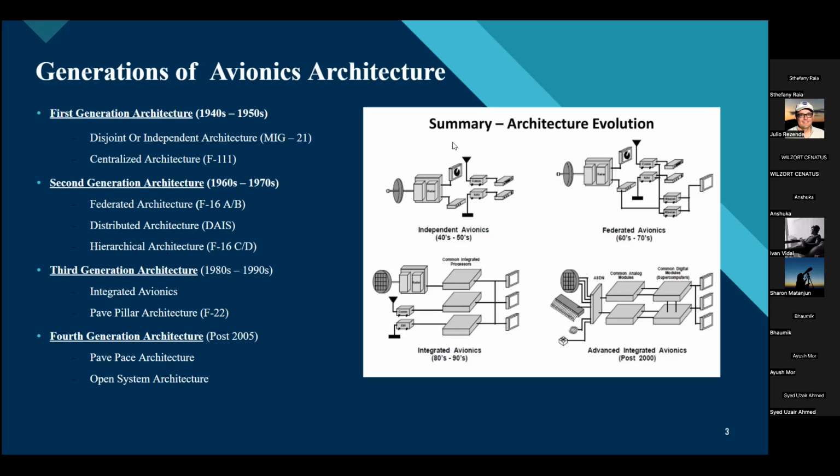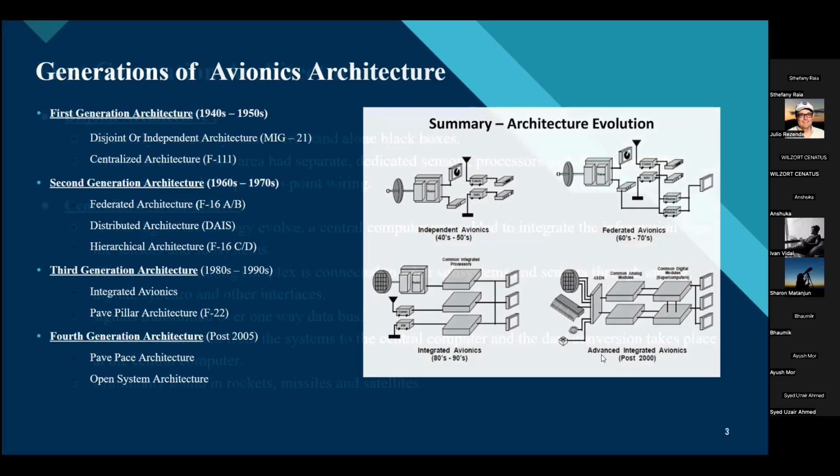On the right-hand side, we have a picture, a big summary of how the evolution took place in each architecture. We have the independent avionics, then the federated avionics in the 60s and 70s, and then slowly it got simpler as integrated avionics and advanced integrated avionics.